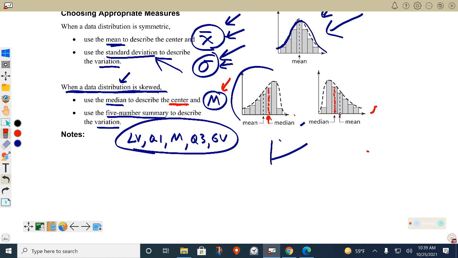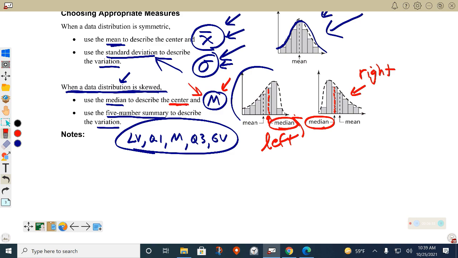The mean, notice, would not balance out the bars, only the median would. So this is why when data is skewed to the right or skewed to the left, in order to measure the center, we use the median in both cases, okay?